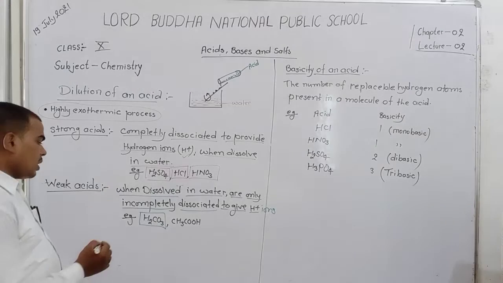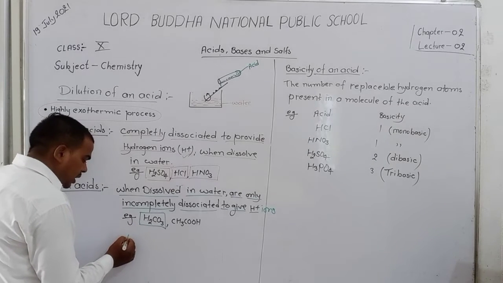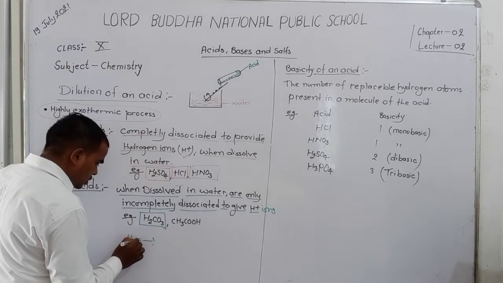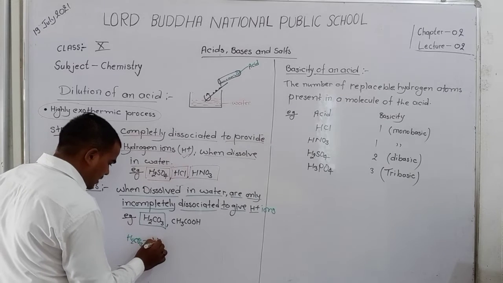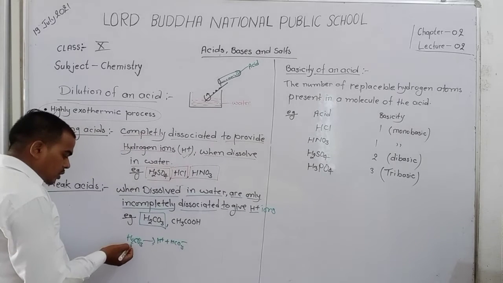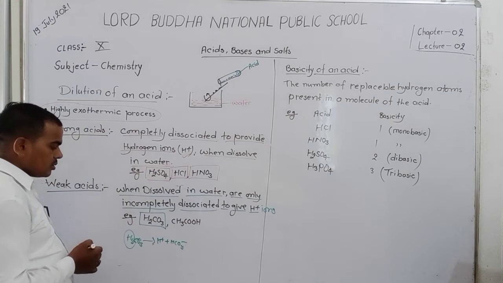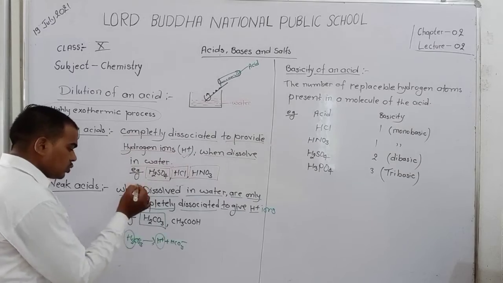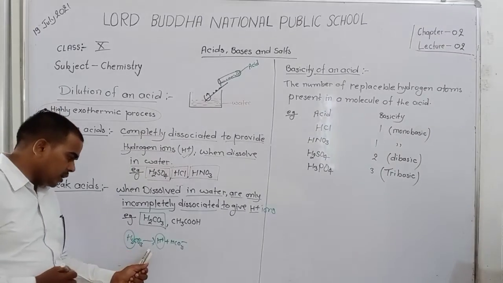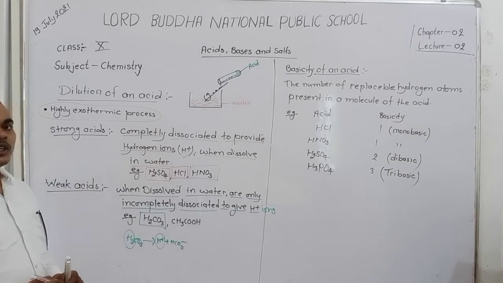Dear student, on dilution it dissociates into H plus and HCO3 minus. Here two hydrogens are present but only one hydrogen dissociated. So the dissociation is partial dissociation.